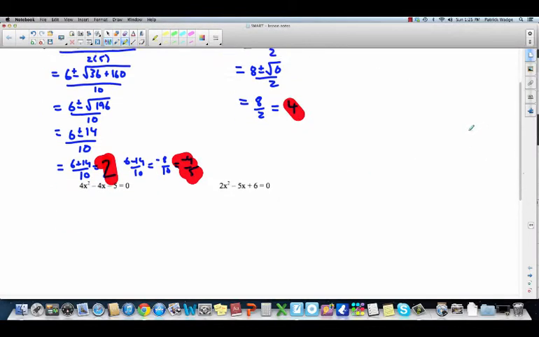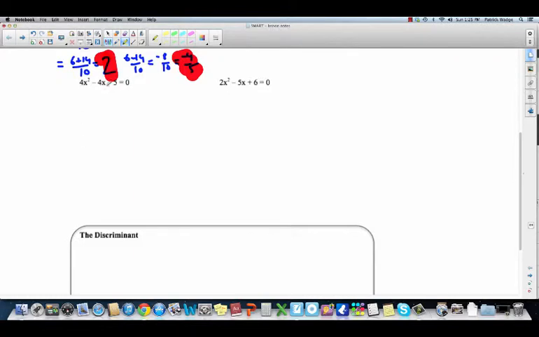Okay, the next one, trying to do these quickly. X equals negative b, so it's negative 4 or positive 4, plus or minus the square root of 4 squared, 16, minus 4 times 4 is 16 times negative 5 is negative 80, all over 2a, so that's 8. So x equals 4 plus or minus the square root of 96 over 8. And then we could put that in lowest terms.